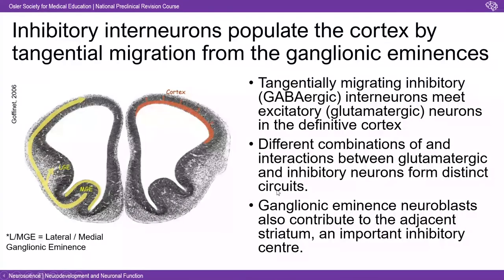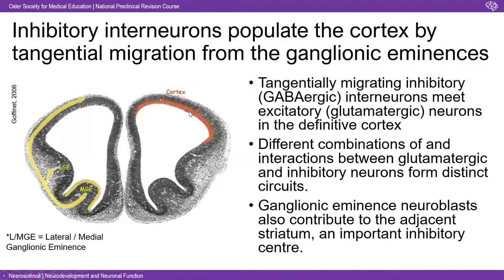So we've talked a lot about excitatory cells and glutamatergic neurons. We need an honourable mention at this stage to inhibitory interneurons, which are these GABA expressing cells. These emerge in the ganglionic eminences down here at the bottom, and they undergo a tangential migration into the cortex. That's very different to the radial migration of the glutamatergic neurons.